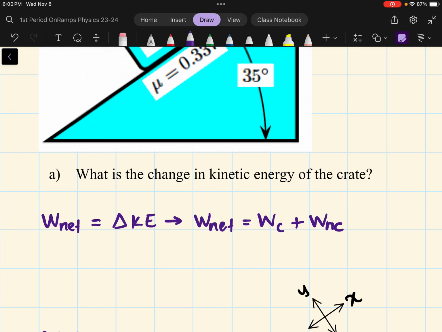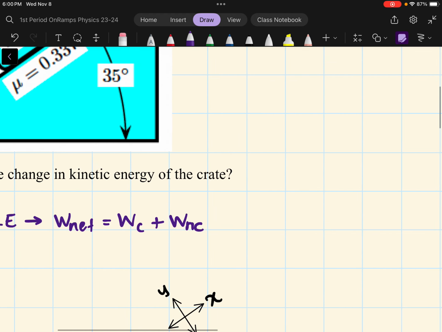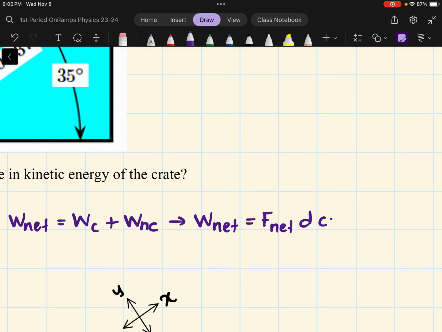In other words, we have to find all the forces acting on the object and find the work done by those forces. Also, we learned that the net work is equal to the net force times the distance times the cosine of an angle.